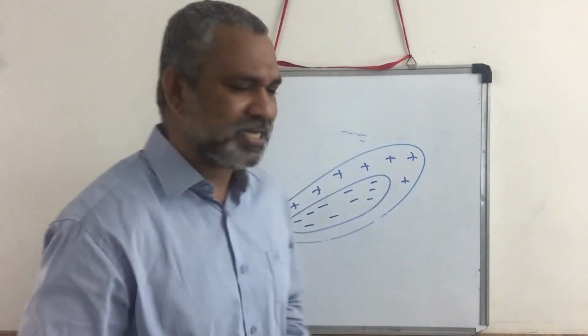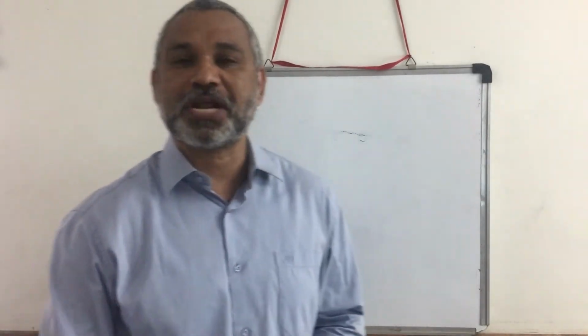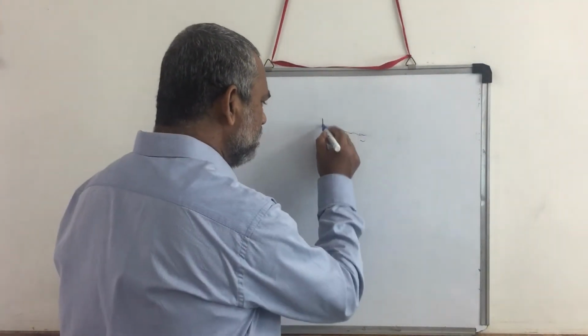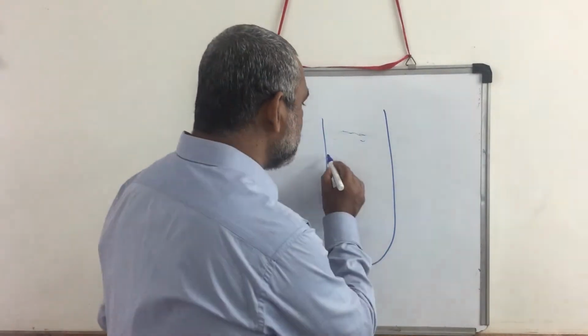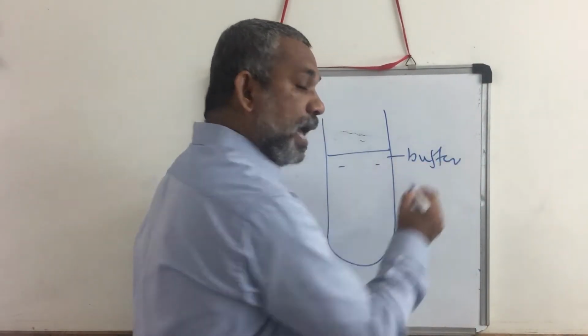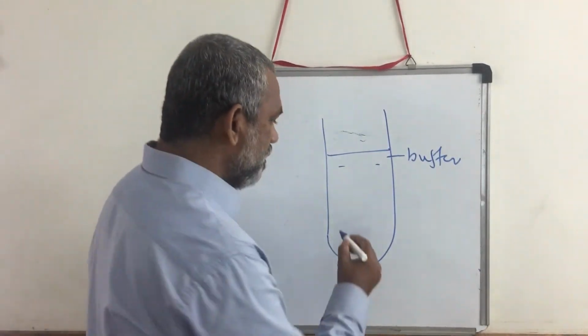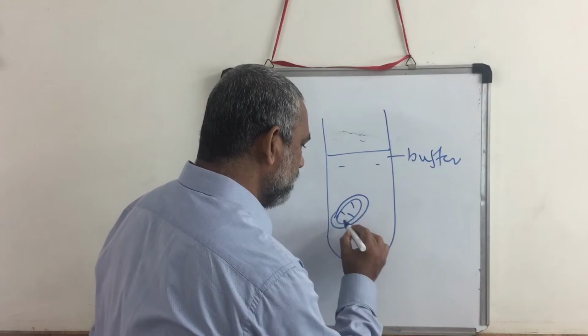Now let us look at how we carry out studies for the electron transport system, how the study is carried out. What they normally do is, let us assume this is our experimental setup. In the experimental setup, there is a buffer. In this buffer, this is the mitochondrion.